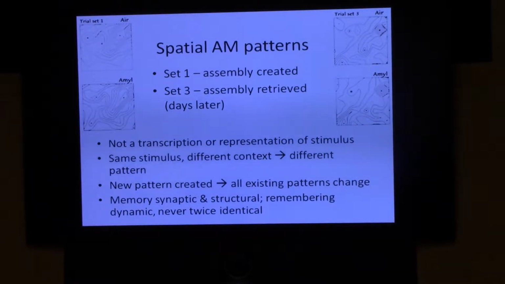And then on the right is the same pair of stimuli after consolidation. So this is a reinforced stimulus, and the same stimulus was applied after consolidation has taken place. And the pattern is changed, even though the behavior is the same.